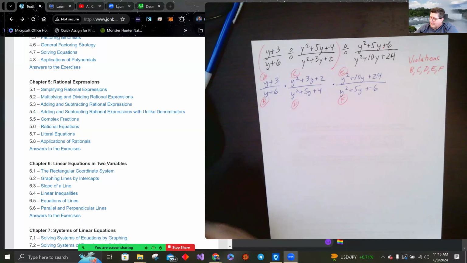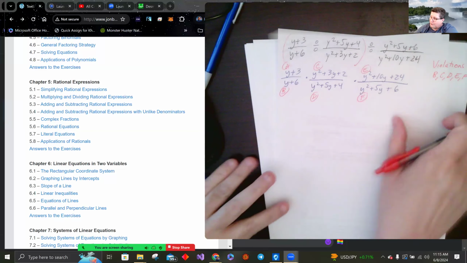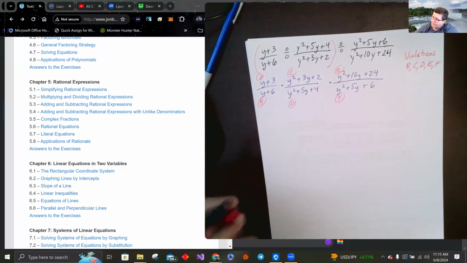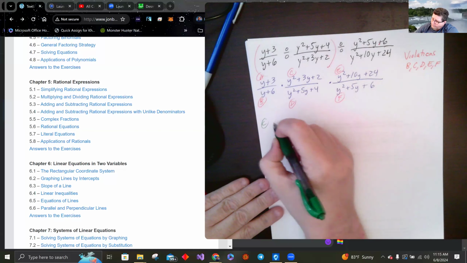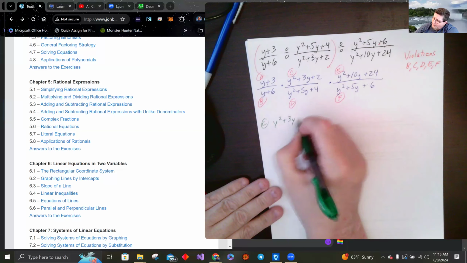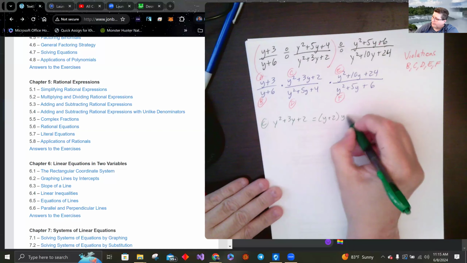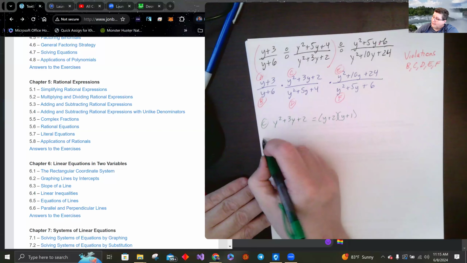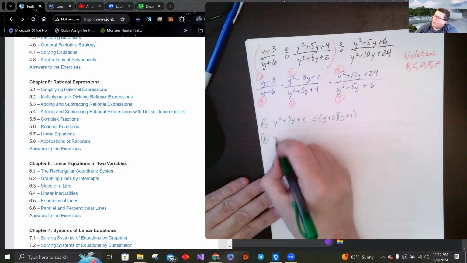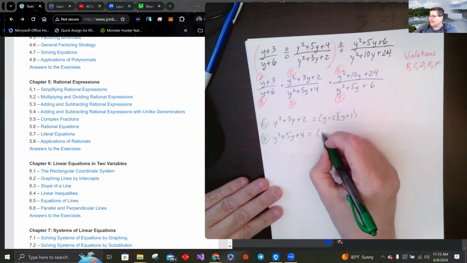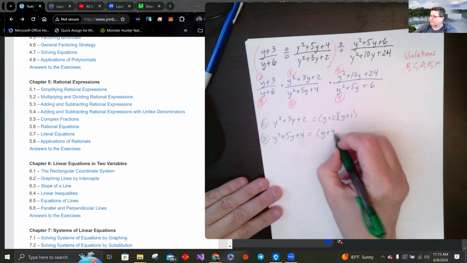All right, so now we'll start factoring. I'll do C, D, E, and F below. A and B are already factored. So if we do C, y squared plus 3y plus 2 is y plus 2, y plus 1. D, y squared plus 5y plus 4 is y plus 4, y plus 1.